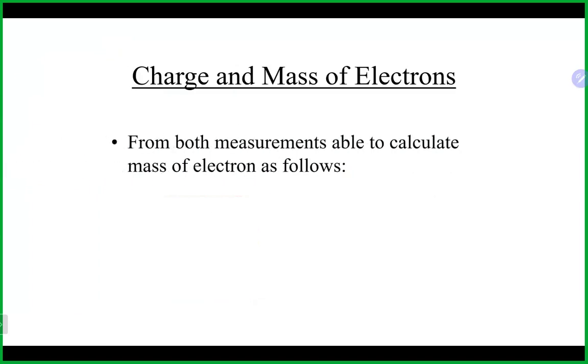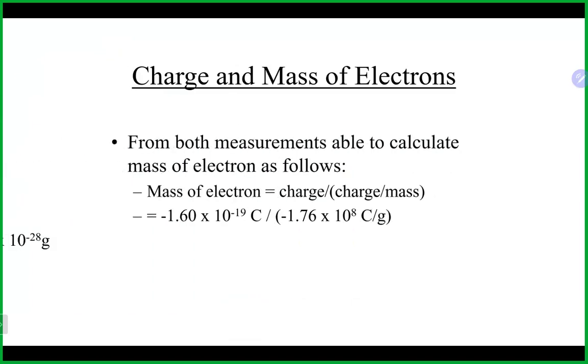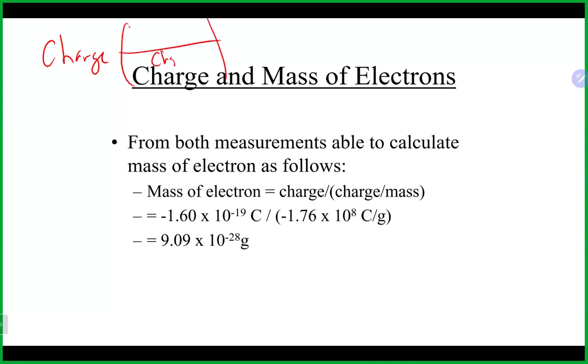Now, why that's important: if you take the experiment that was done by Millikan and the one that was done by Thomson and put those together, where we had the charge of the electron done by Millikan, which you need to know, and the charge to mass of an electron done by Thomson, if you put those together correctly mathematically, you'll actually get the mass of an electron.